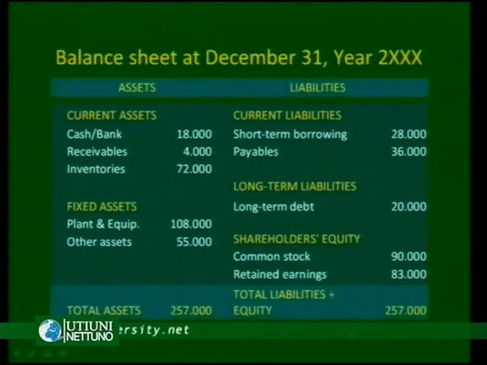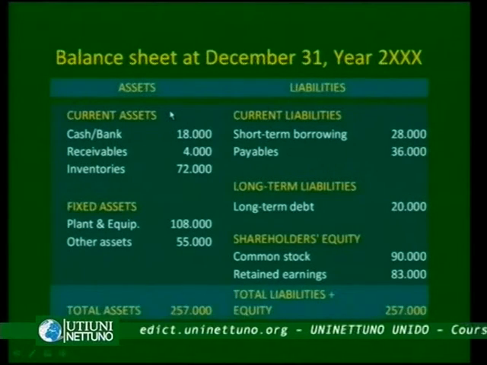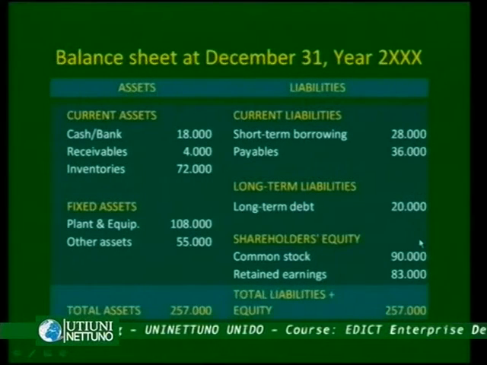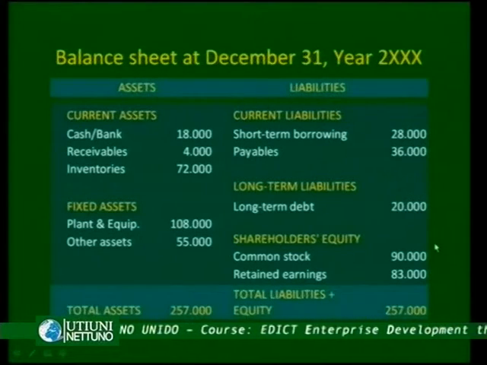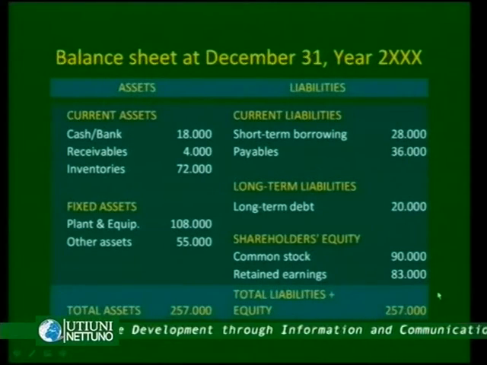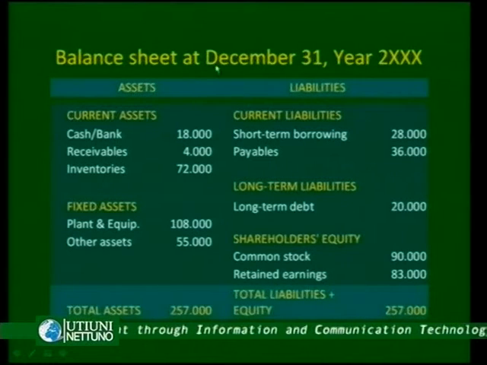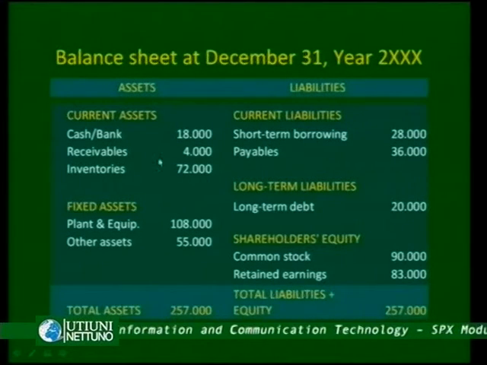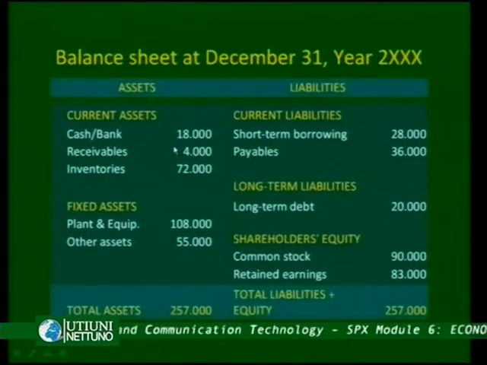And the fact that the total of these two sections is equal is not casual, but it's due to a very precise reason: the assets that the project holds at a given moment have to be funded by the sources of funding. So these two sections always have to weigh the same amount, because on one side you see what the sources of funding of the project are. On the other side, you see how these sources of funding have been employed to buy assets.